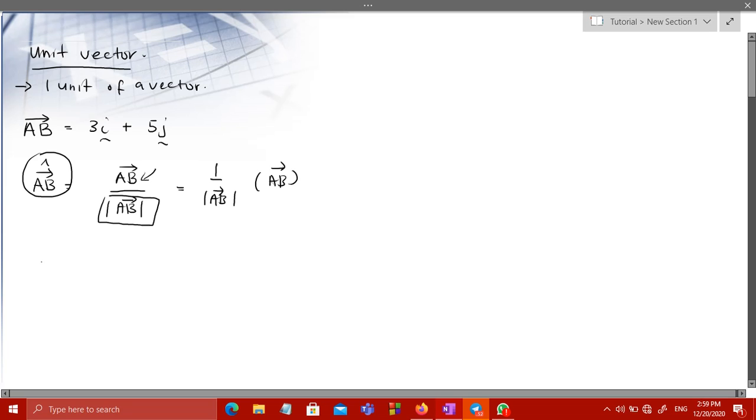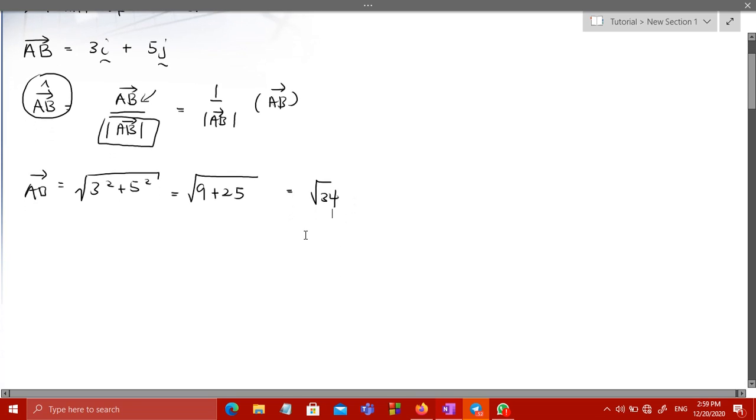Vector AB has the magnitude of square root of 3 squared plus 5 squared, which is equivalent to square root of 9 plus 25. This is 34, right? Square root of 34.